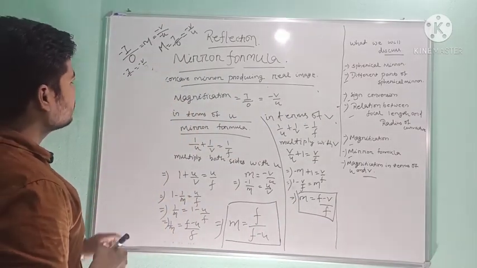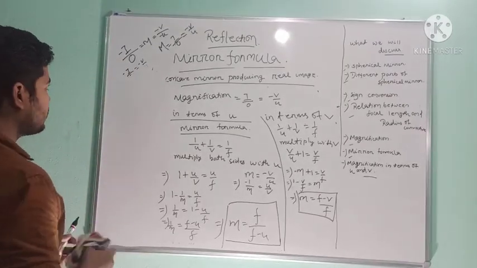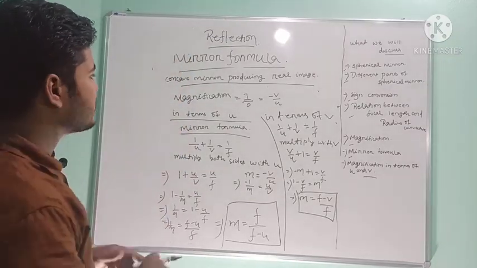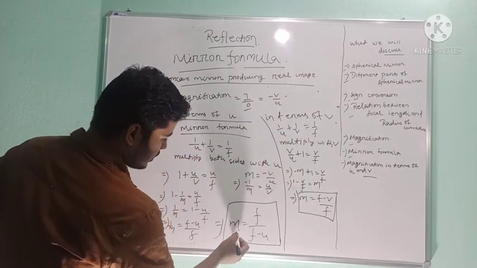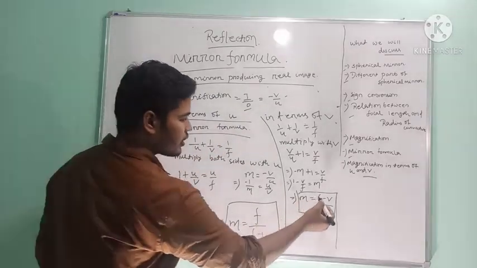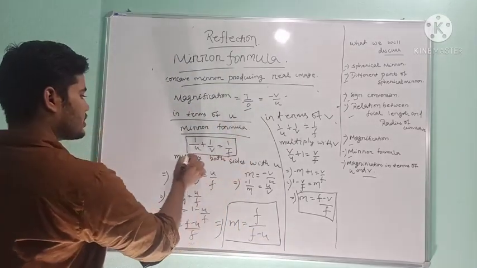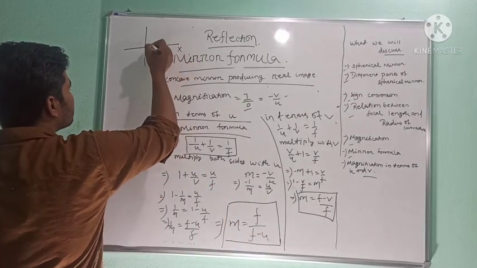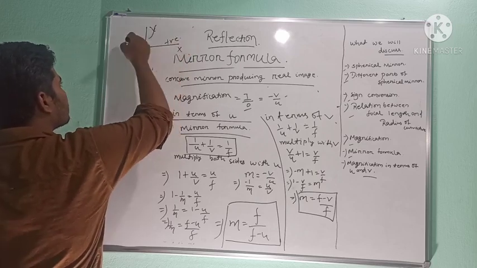Now we will discuss what we have studied in this lecture. First, magnification I/O and minus v/u, and in terms of only f and u, f/(f minus u) and (f minus v)/f, and the mirror formula and the sign conventions. We have already discussed sign convention: this is the x axis, y axis, this is positive, this is negative.